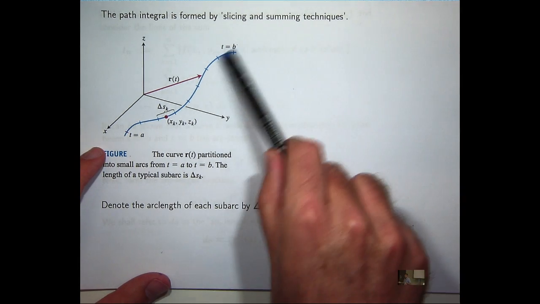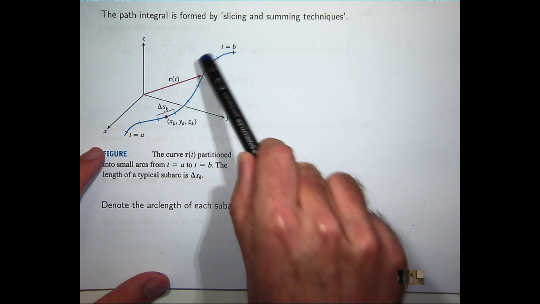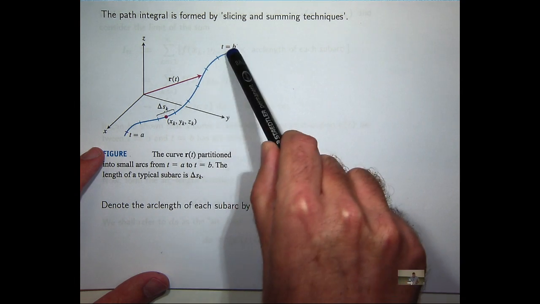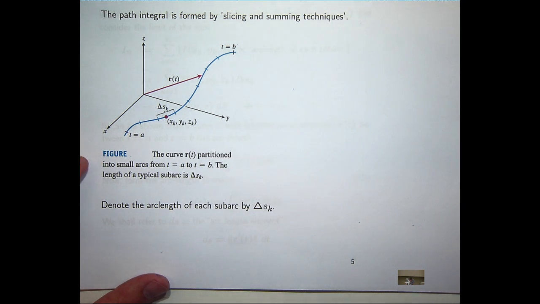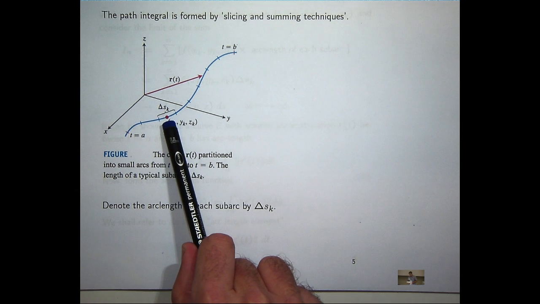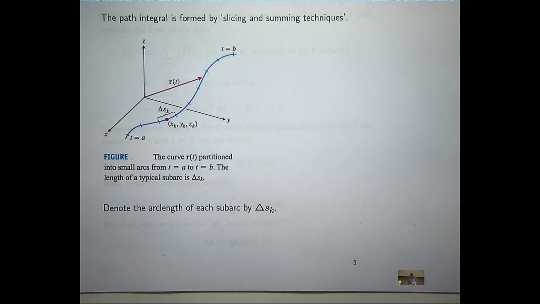Suppose this is my curve C. I slice it up, and in each little section, I choose a sample point. Now, each of those little sub-arcs or sub-curves will have a length, which I'm going to denote by delta s sub k.